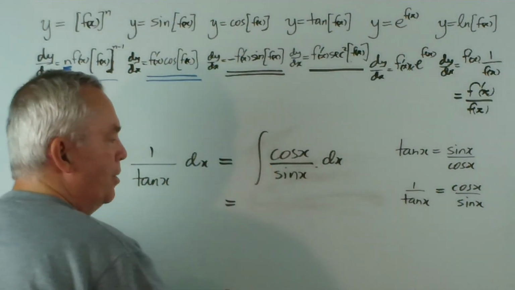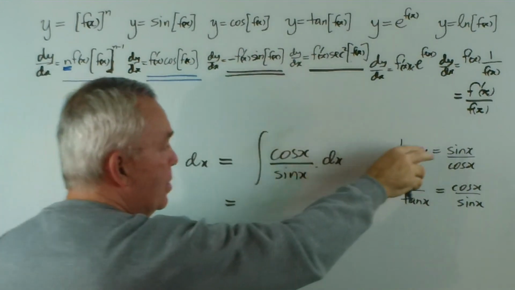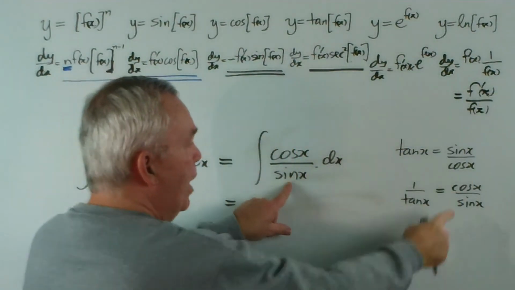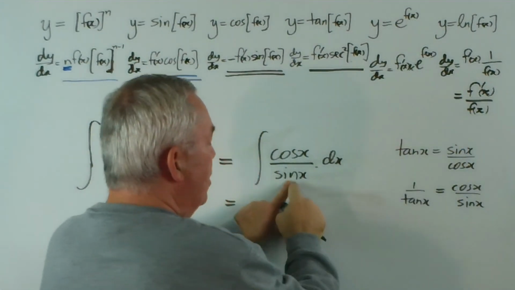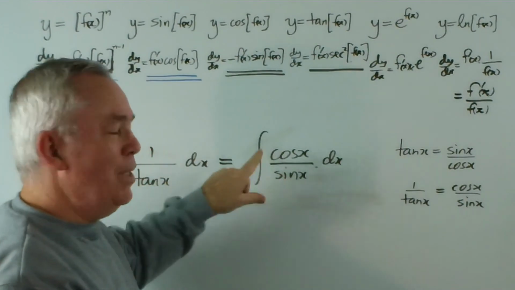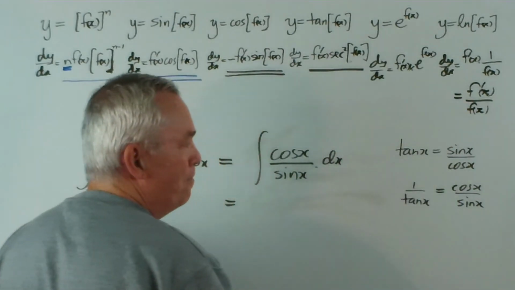We have a fraction. We have a function on the top and the bottom, and out of all the patterns, this is the one it could potentially be. On the bottom, we have a function sin x, and on the top, what's the derivative of sin x? Well, the derivative of sin x happens to be cos x. This is perfectly adapted to that.